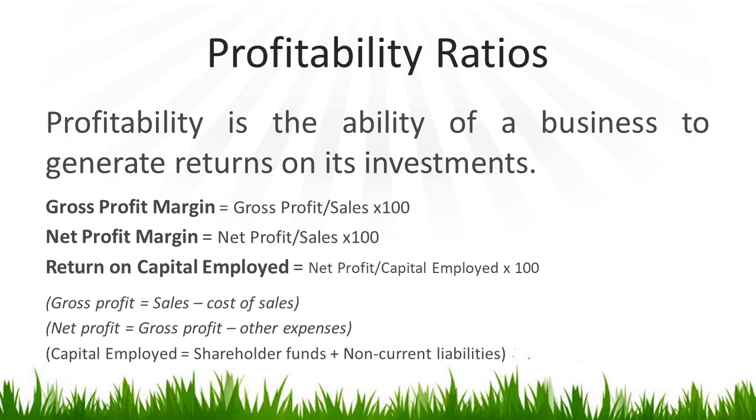So capital employed is either calculated by adding non-current liabilities to capital, or by taking away current liabilities from total assets. This is how we calculate return on capital employed.